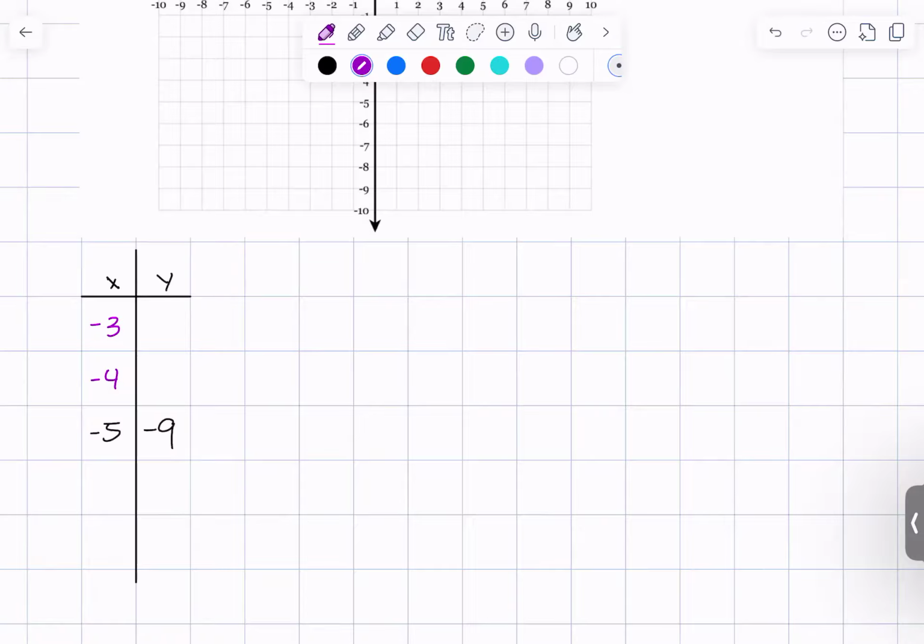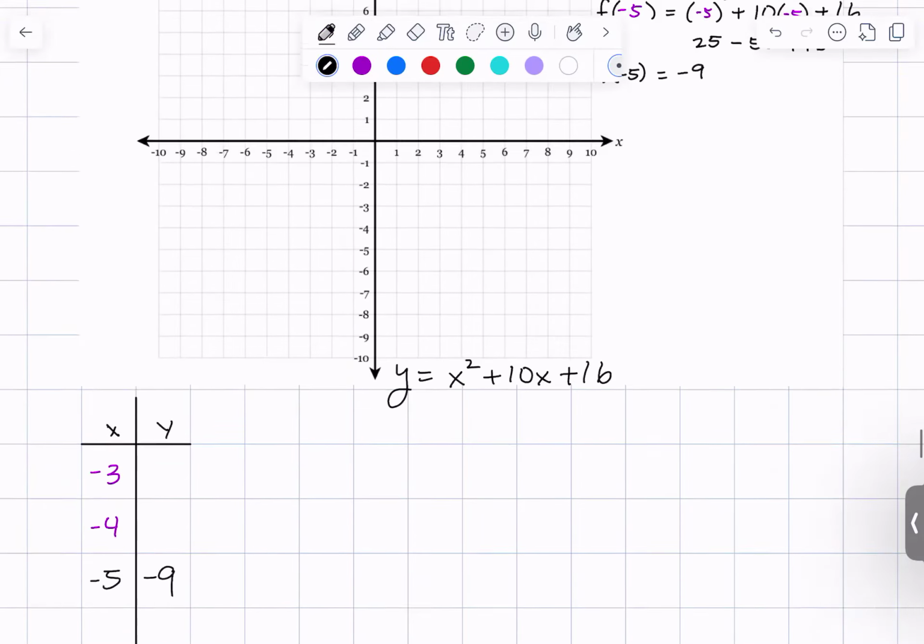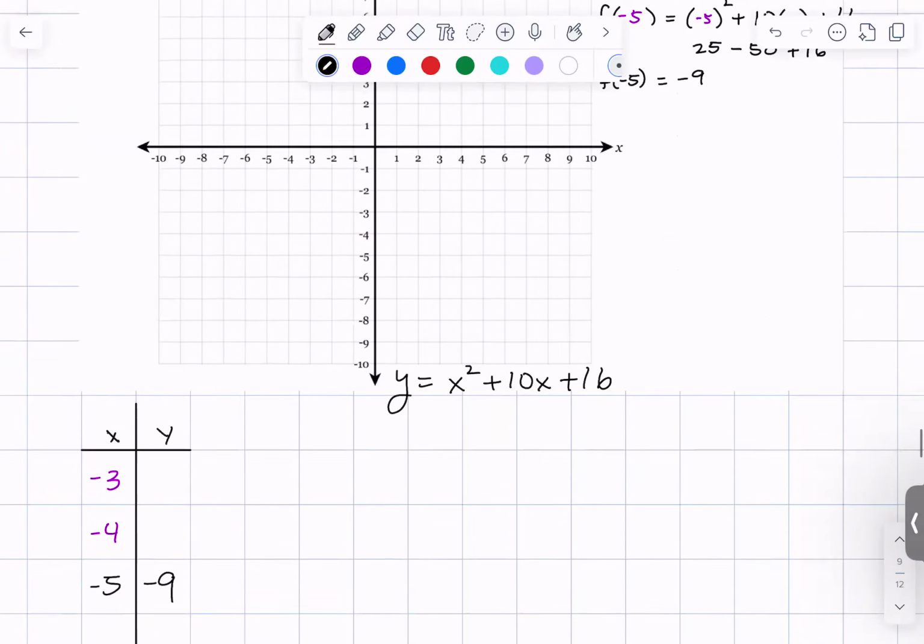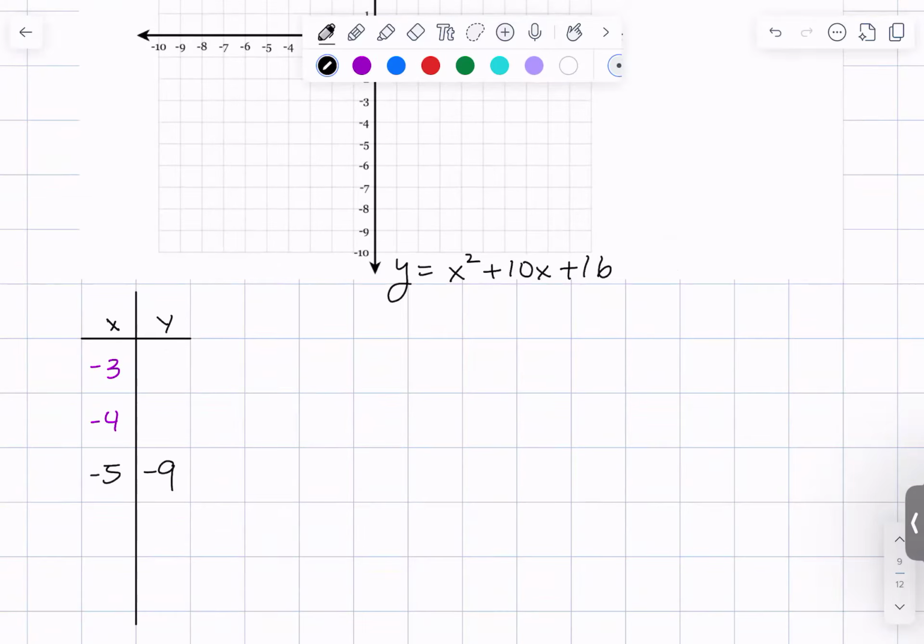All right. So using algebra, my equation is y equals x squared plus 10x plus 16. Right, double checking that. Yeah. Okay. I'm going to plug in f of -4, just like how I plugged in f of -5.